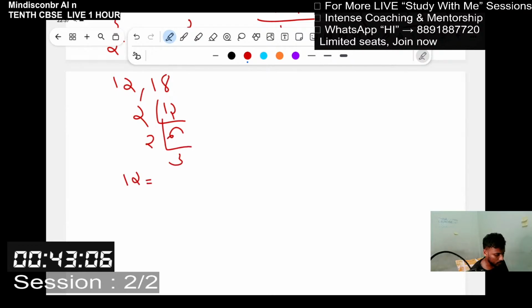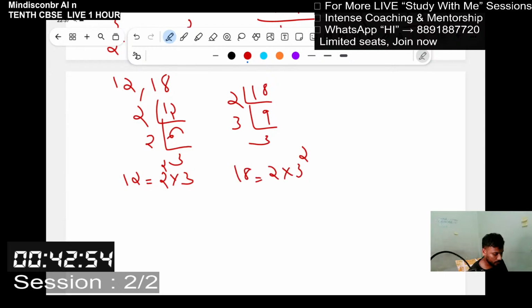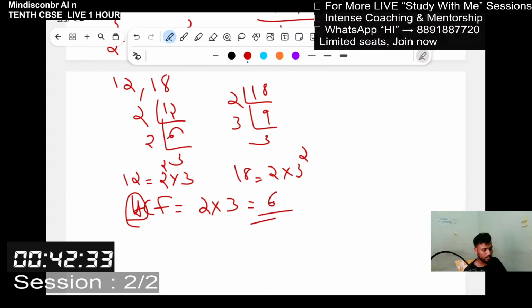So 12 is equal to 2 square into 3. Next is 18: 2, 9, 3, 3. 18 is equal to 2 into 3 square. So HCF is the highest common factor, so there should be common factors. Here the common factors are 2 and 3, and we have to take the lowest power. In 2 square and 2, the lowest is 2, and in 3 and 3 square, the lowest is 3. Therefore 2 into 3, 6.